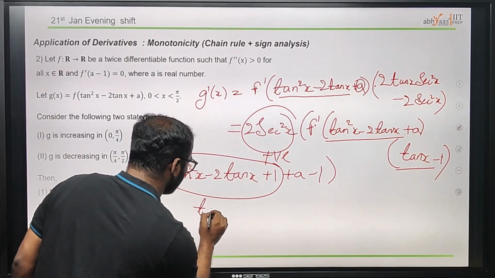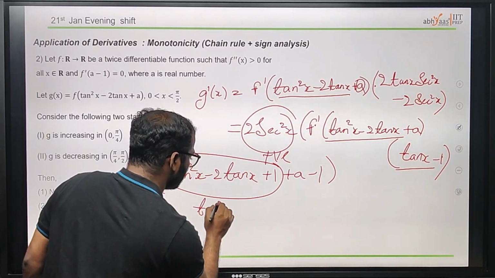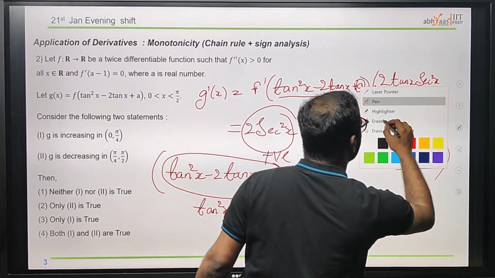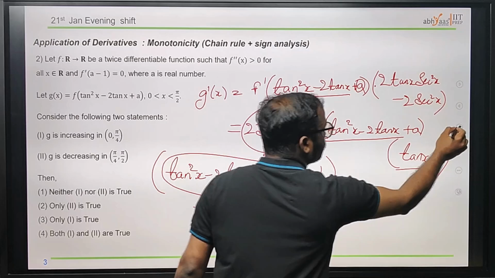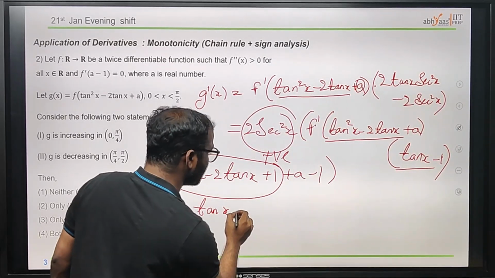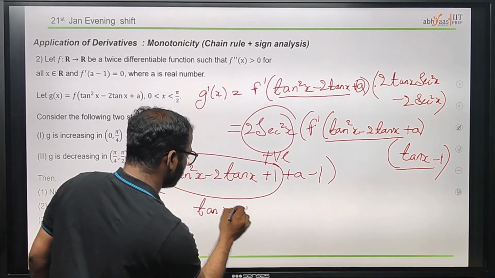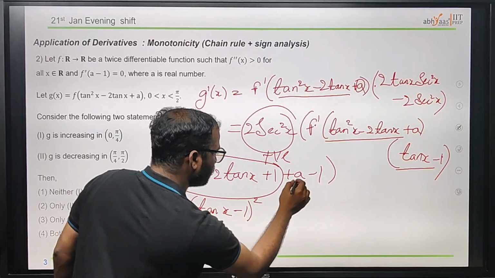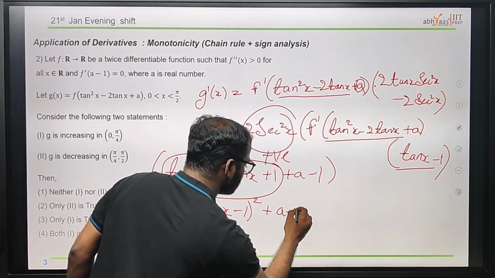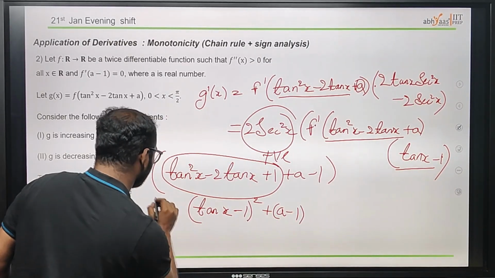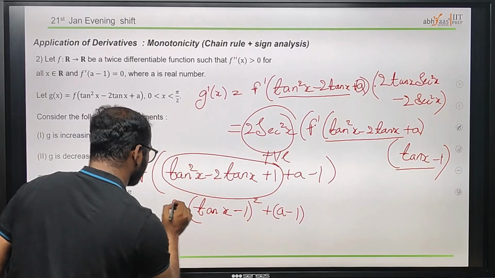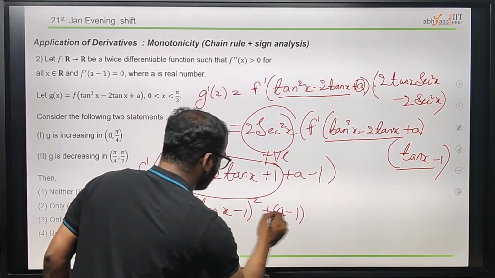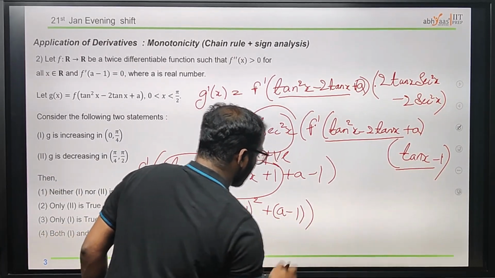This will be tan x minus 1 whole square, plus a minus 1, inside f dash of. This will be our answer.